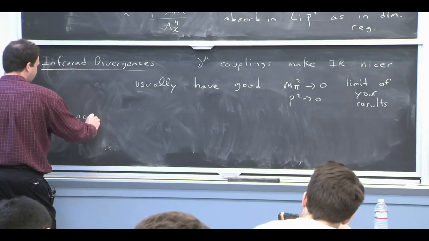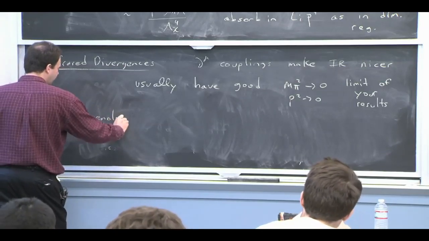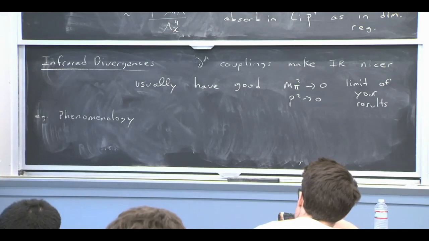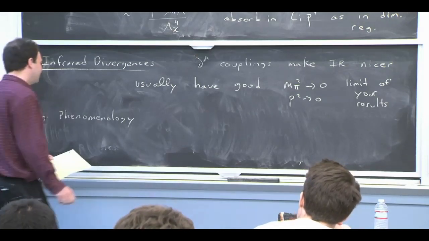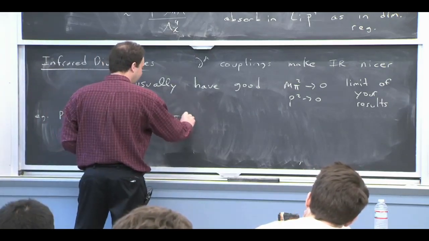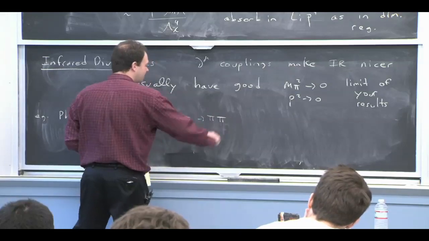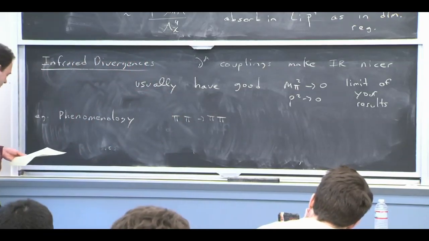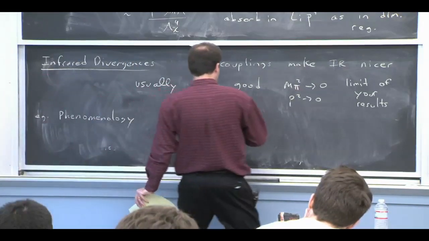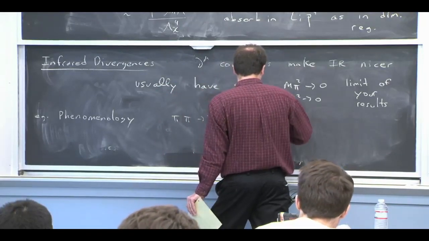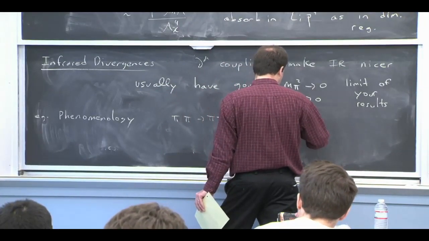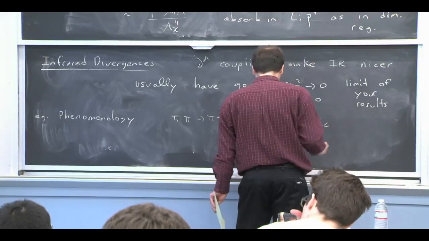Although our focus is on formalism, I have to at least give you one example of something predictive and phenomenological. So pi scattering is a nice example of phenomenology. And it's particularly nice if you look at it below inelastic thresholds, so you just have elastic scattering.